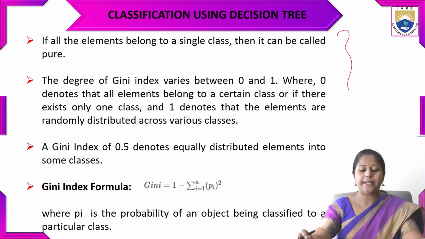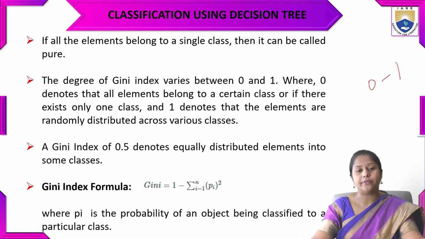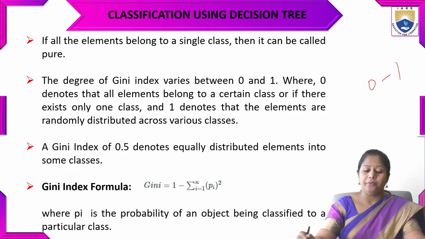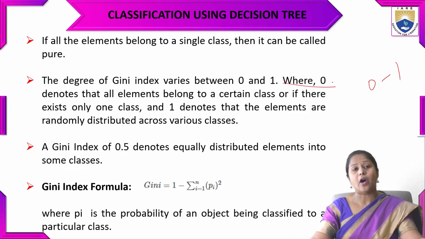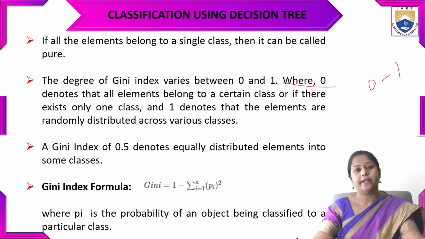The Gini Index varies between 0 and 1, where 0 means all elements belong to a certain class, that is, only one type of class exists, and 1 denotes that the elements are randomly distributed across various classes.